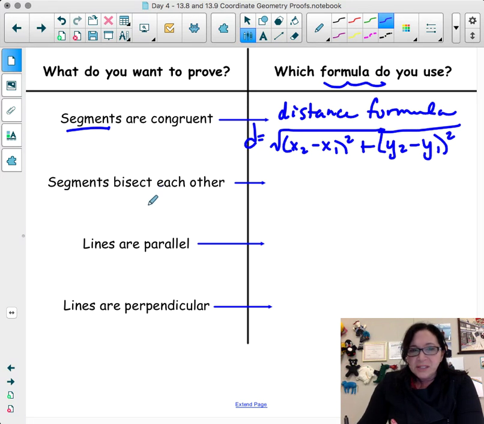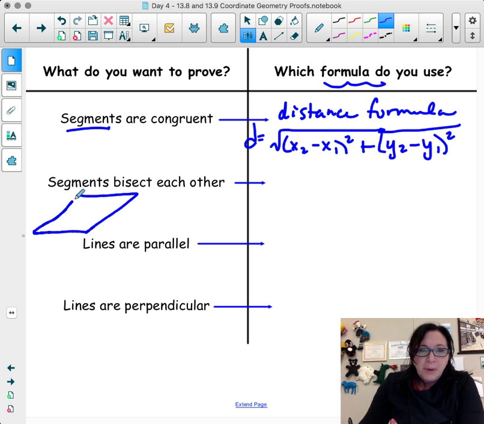Segments bisect each other. For segments that bisect each other, maybe, let's say, a parallelogram, and I'm trying to show that my segments bisect each other, well, if I did that, wouldn't they have the same midpoint? So for this one, to show that segments are bisecting each other, I would use the midpoint formula.